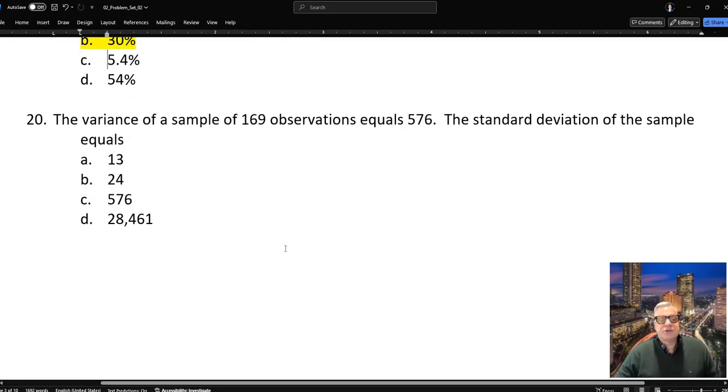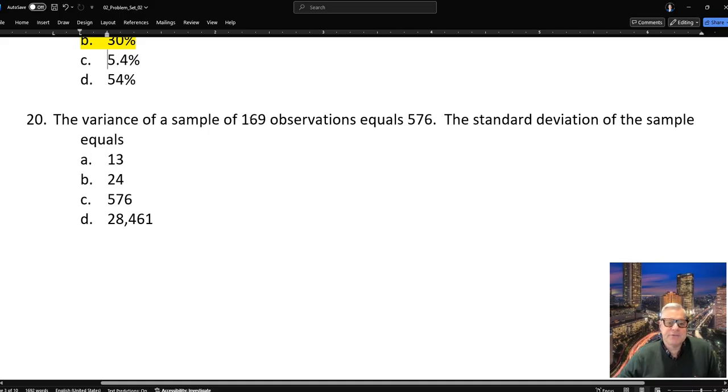The variance of a sample of 169 observations equals 576. The standard deviation of the sample equals... well, the standard deviation is simply the square root of the variance, so we don't really have to worry about the sample or the number of observations.